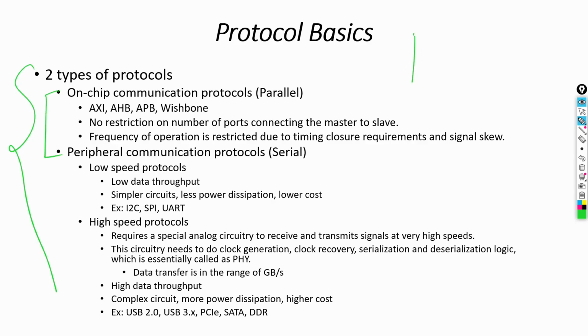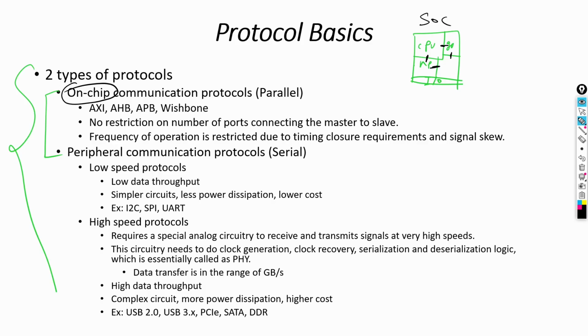Let's say it is an SoC, system on chip. We have a CPU, we have a GPU, we have some IOs, GPIOs, general purpose input output, some NPU and then RAM. How do you communicate between these? We use on-chip protocol, right?